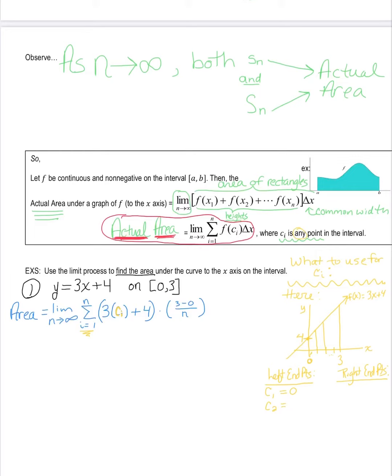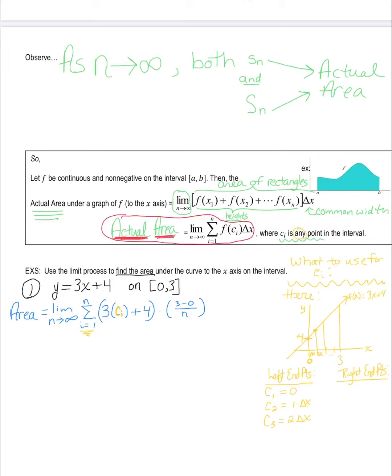Remember, as we break this up into our partition, each of these is a width of delta x. In this case, delta x happens to be 3 over n, but I'm just going to write it as delta x. We'd have to go in one width to get to the left endpoint for the second rectangle. And so on. For c sub 3, I would have to go in 2 widths, so 2 delta x.